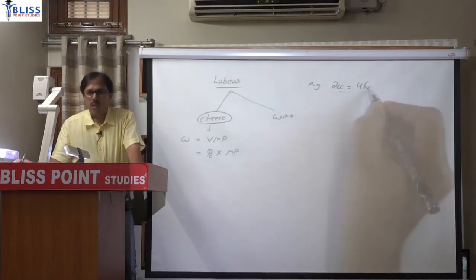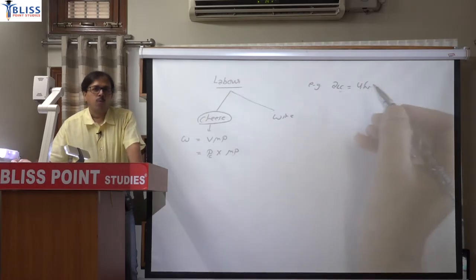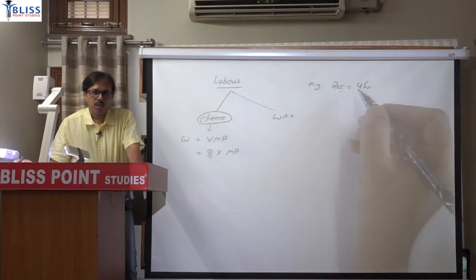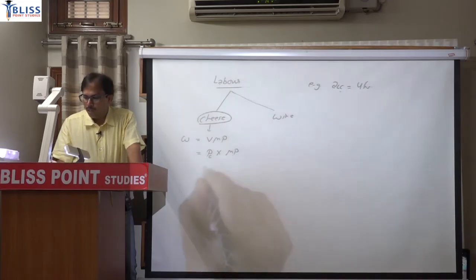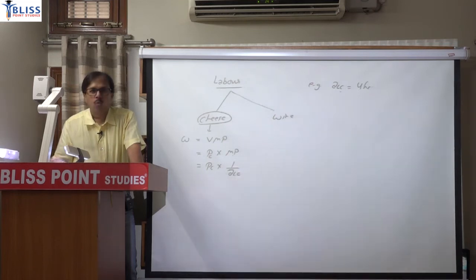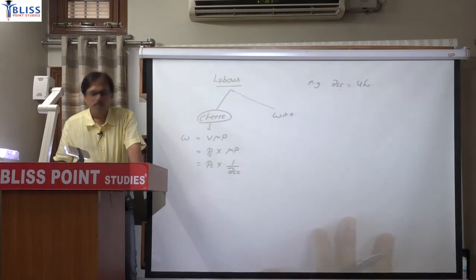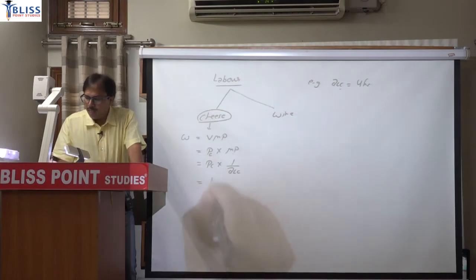So if ALC is 4 hours, it means in 4 hours the home country produces 1 unit of cheese. So in 1 hour it produces 1/4. So 1/4 will be the marginal product. So you can write it as price multiplied by 1 upon ALC. So wage is in fact equal to PC upon ALC. Clear?